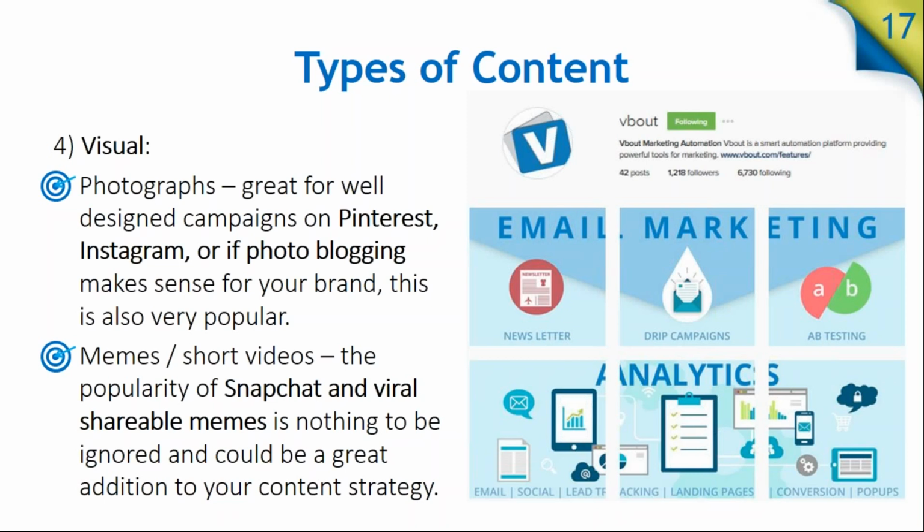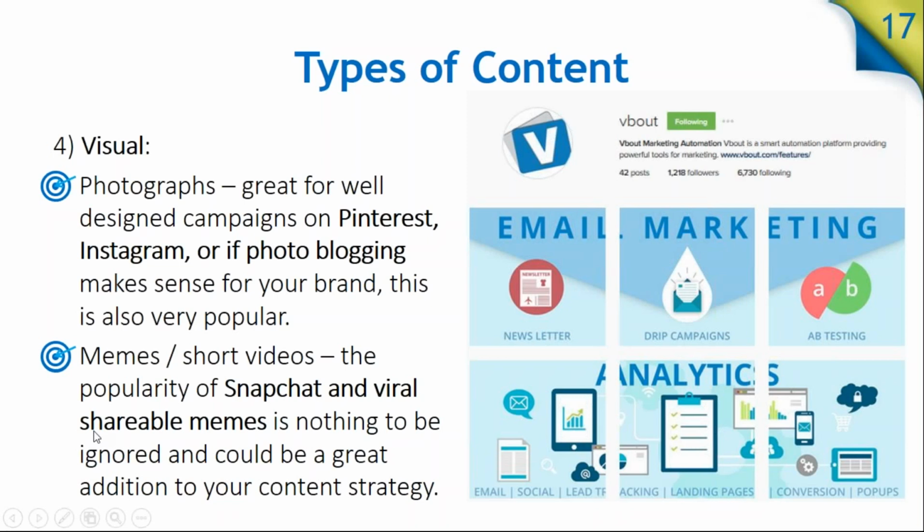So I've put up here an example of our Instagram page for Vbout, which, believe it or not, has helped us generate some leads. And you can see that we have over 1,200 followers. So here we are proving that places like Instagram are not just for B2C anymore. B2B companies are using it really well, and you should really put some thought into beautifully designed photos if you want to tackle one of these.